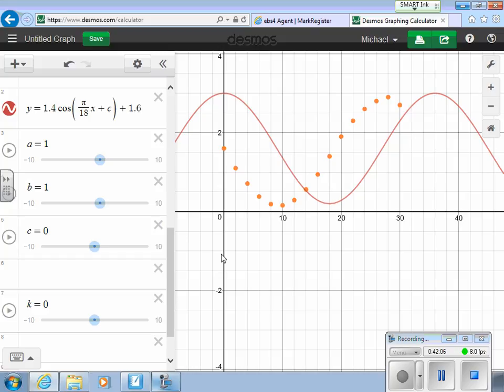So how can we find out what the phase shift is? We know what a full cycle is in terms of pi, don't we? A full waveform is pi over 18. So how can we express the phase shift in terms of that?